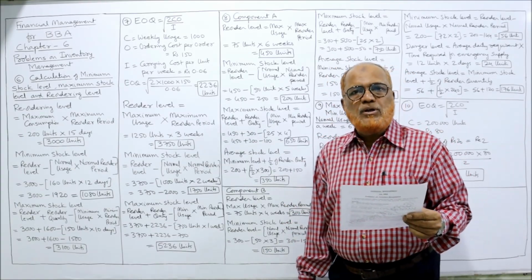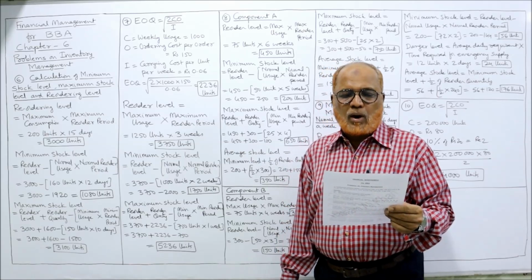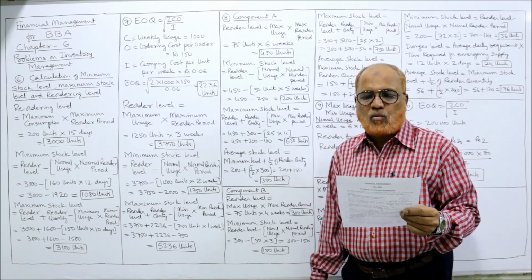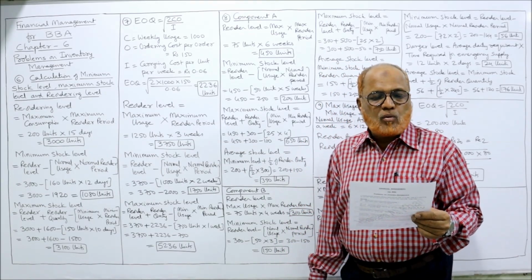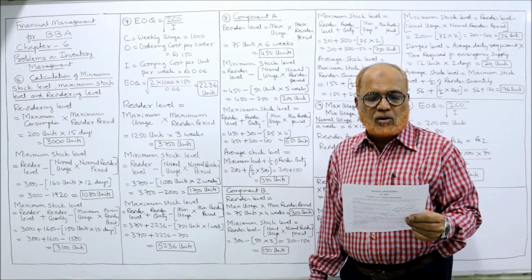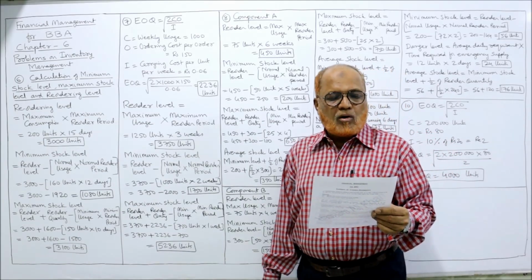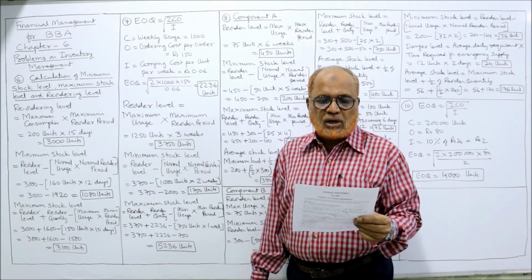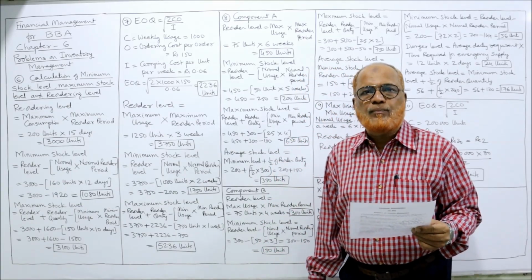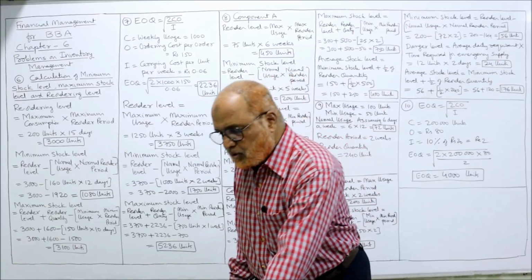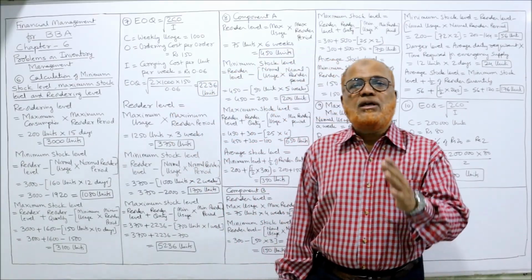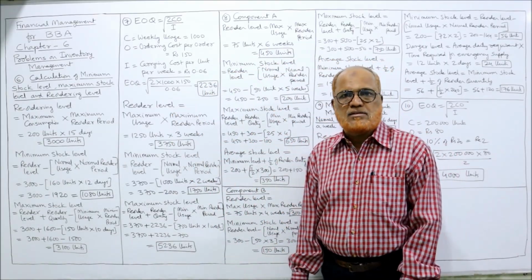That means the minimum usage requirement is 750, maximum requirement is 1250. You are required to compute the economic order quantity EOQ, reorder stock level, minimum stock level and maximum stock level. So in this problem, you have to calculate both EOQ as well as levels.